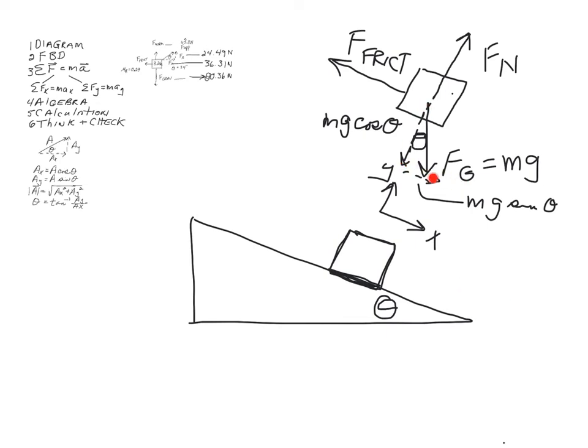And so it makes sense to divide these into these two components. Gravity is doing two things. It's making the block slide, and it's holding it onto the incline. So when we do the analysis, sum of the forces x and y, we're going to use this as the x and y axis.